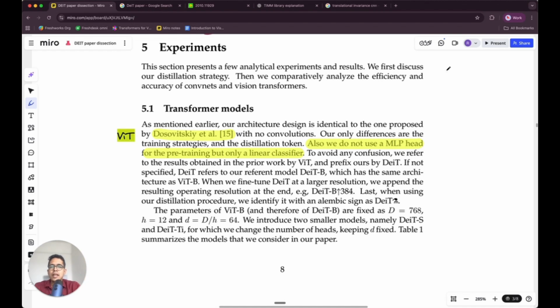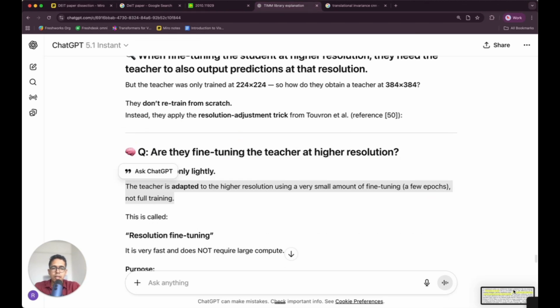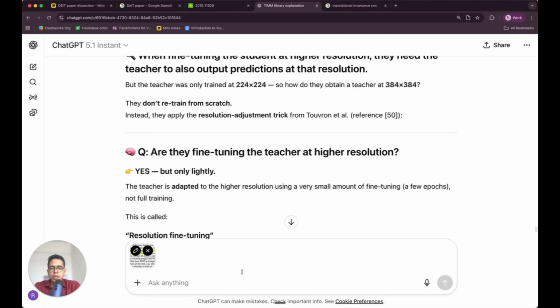Something like that. So let's ask ChatGPT whether this means the vision transformer does not contain a hidden layer. In the vision transformer MLP classification head, is there a hidden layer?